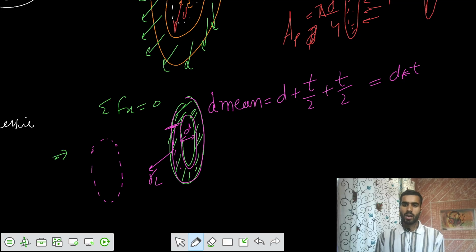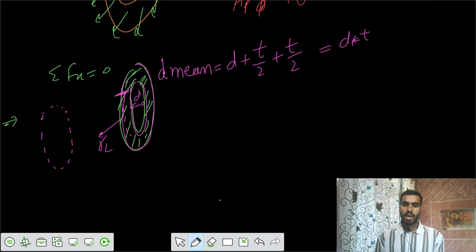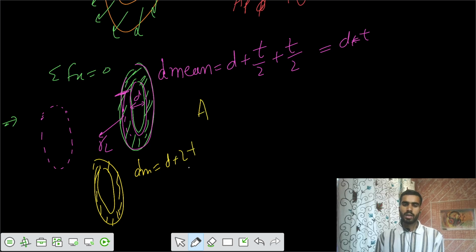So what should be the area of that mean strip? There is a mean strip with the mean diameter dm equals d plus t. The area of that shell would be 2 pi r into thickness t, similarly pi dm into t.